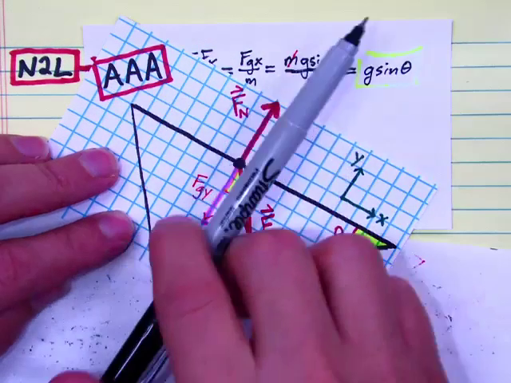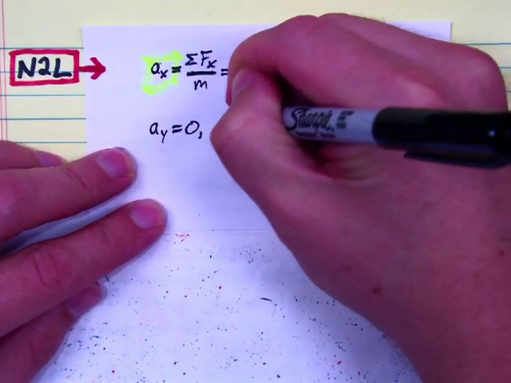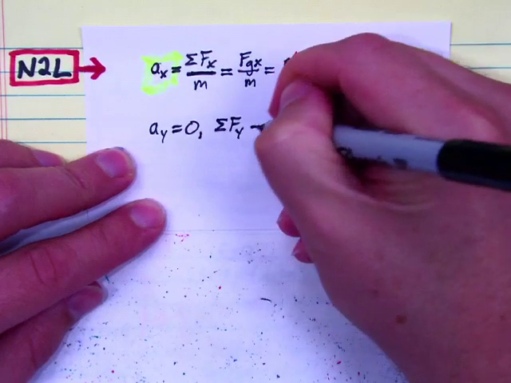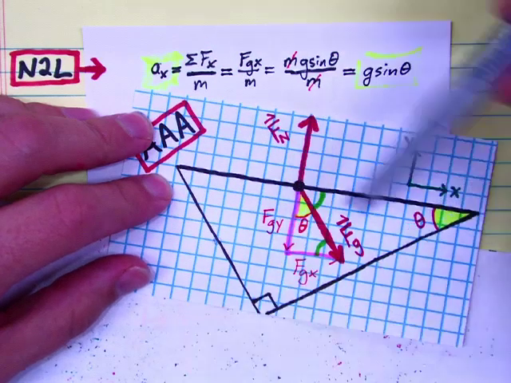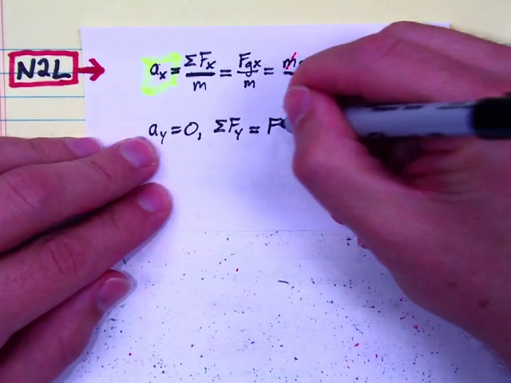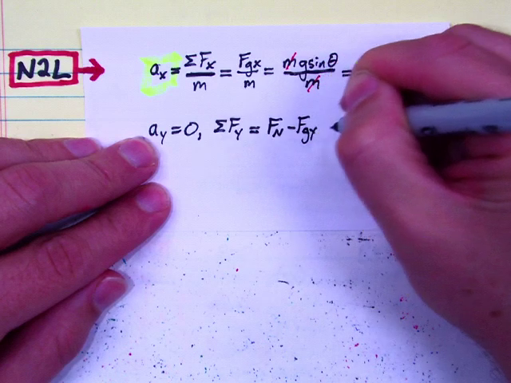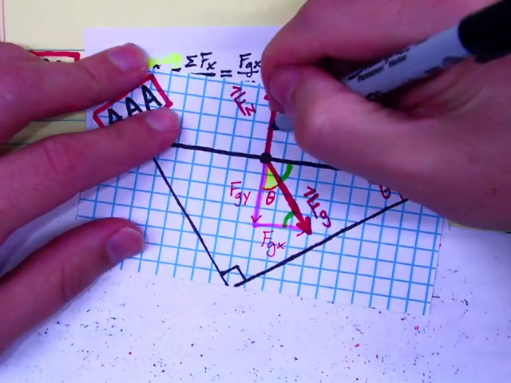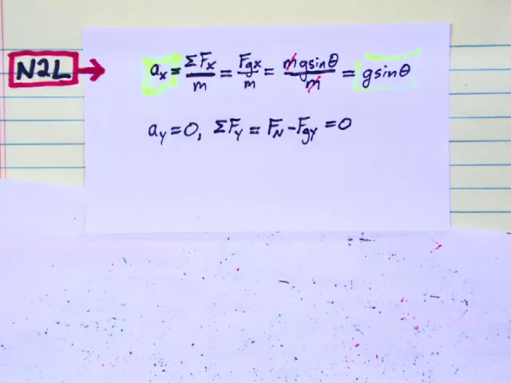Therefore, we're in equilibrium in the y direction, no acceleration in the y direction, which means that the net force in the y direction, sum of the y components of the forces, is, what are the terms? There's Fn in the plus y direction, Fgy in the minus y direction. So Fn minus Fgy, and those must be balanced, so that sums to 0 right there. Fn equal in magnitude to Fgy.